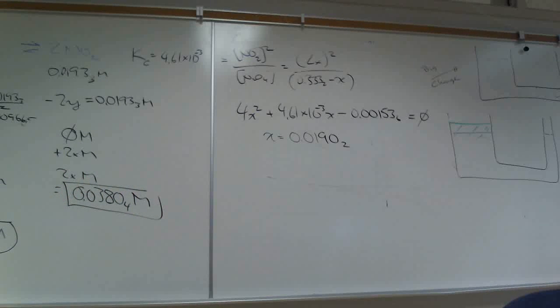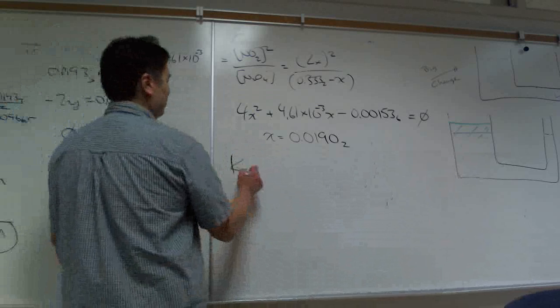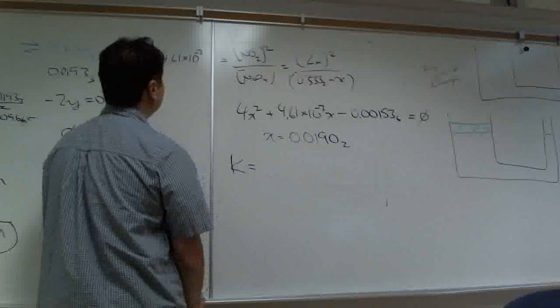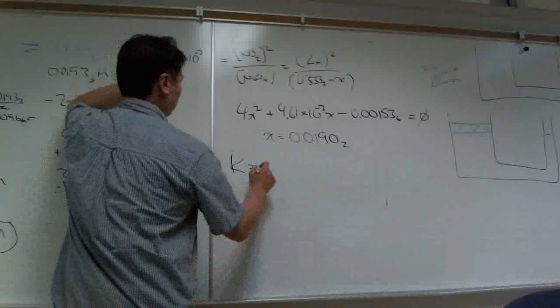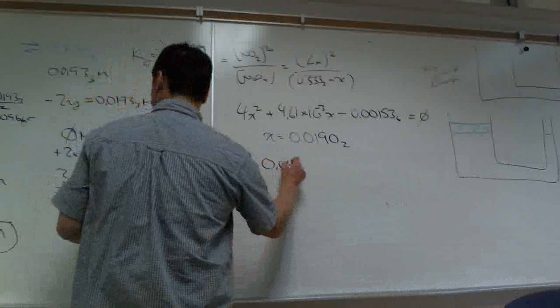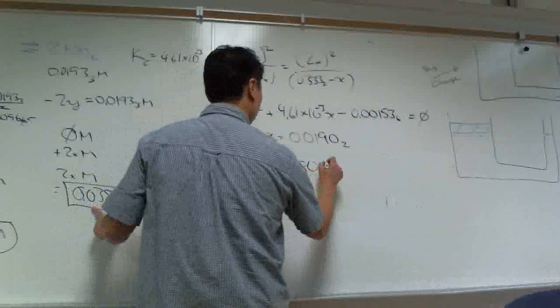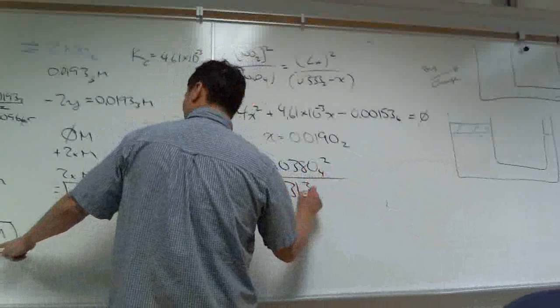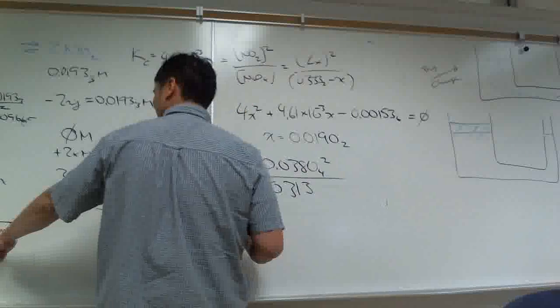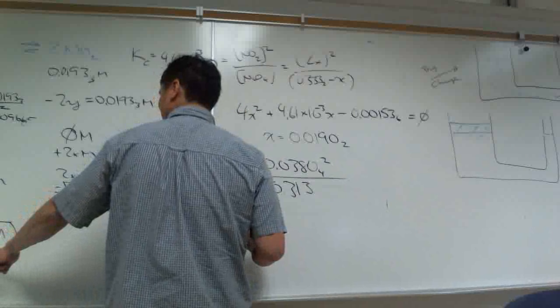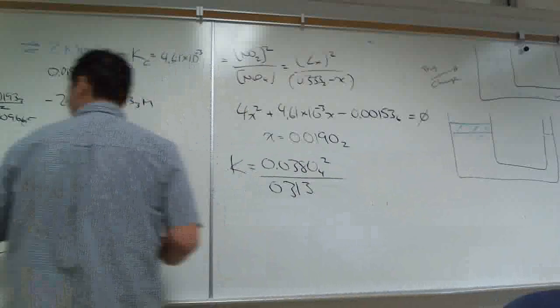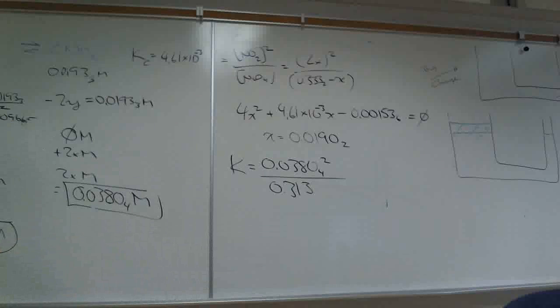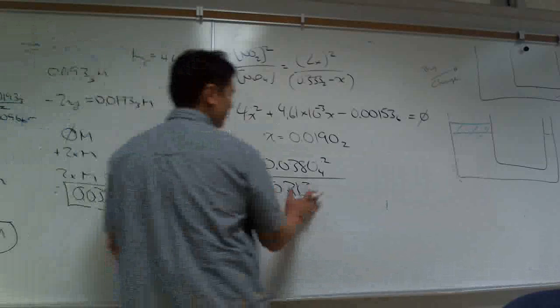All right, now this is why we carry these extra digits. We carry the extra digits when we do the double check. So let's see. What does it come out to? 0.03804 squared divided by 0.31418.